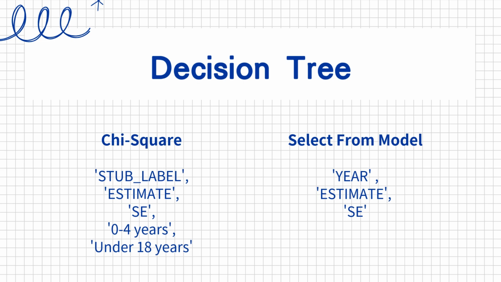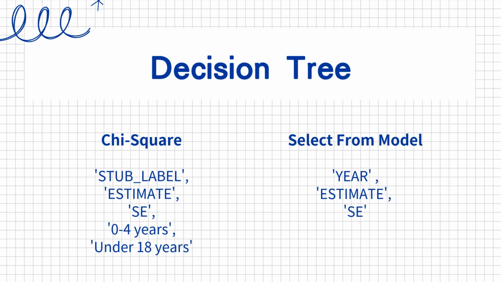Then two feature selection methods were implemented to improve the model's performance by identifying the most relevant predictors.